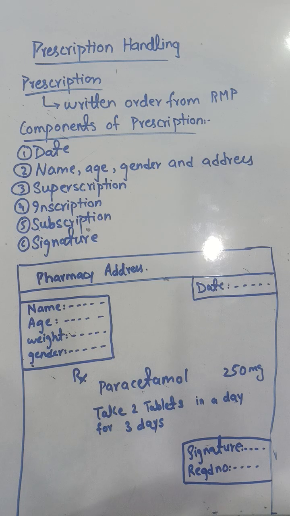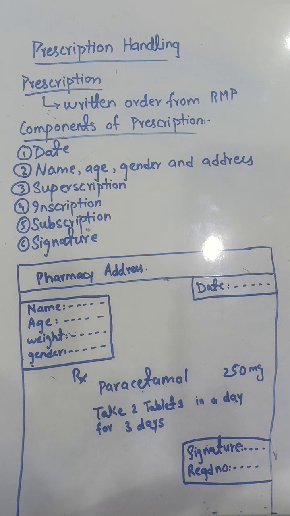The next thing that we see here is the name, age, gender and address of the particular patient. As you can see here, this is a prescription in which the detail about the patient is given. Her name, age, weight, gender is very important. Name is very important to identify the correct patient, so we write the full name of the patient to avoid any kind of mistake or misunderstanding.